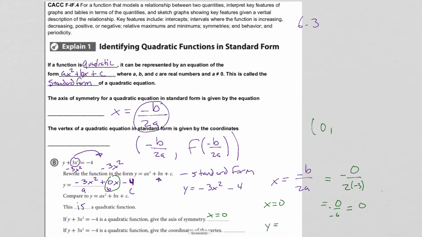So y is equal to negative 3 times 0 squared minus 4. Negative 3 times 0 squared is, of course, 0. So when x is 0, y is negative 4. So our vertex is going to be 0, negative 4.